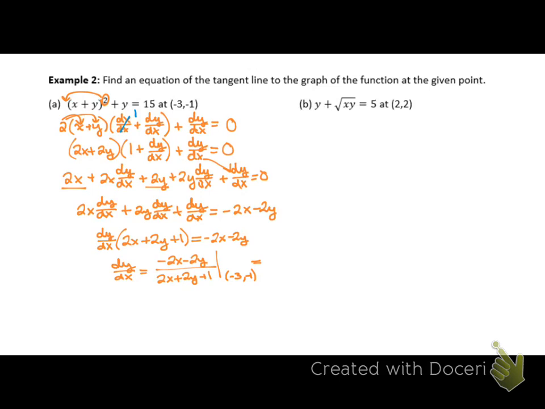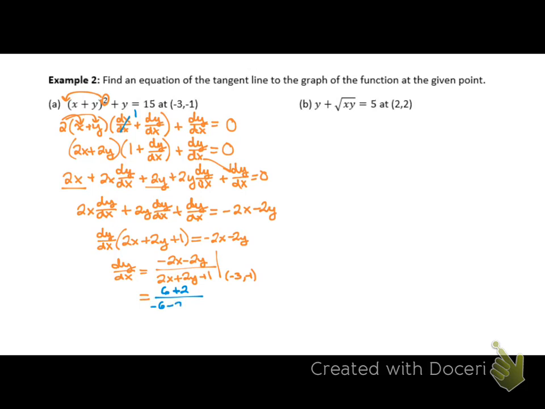So let's do that, which means we have, let's see, negative 2 times negative 3 is 6. Negative 2 times negative 1 is 2. 2 times negative 3 is negative 6.